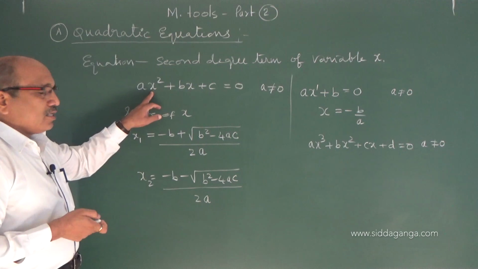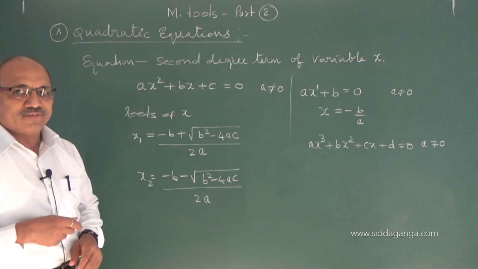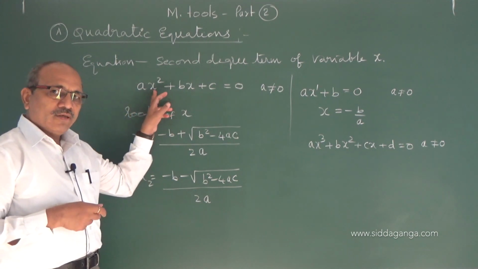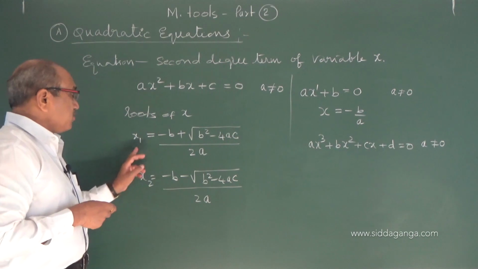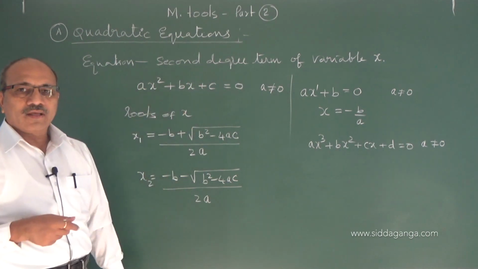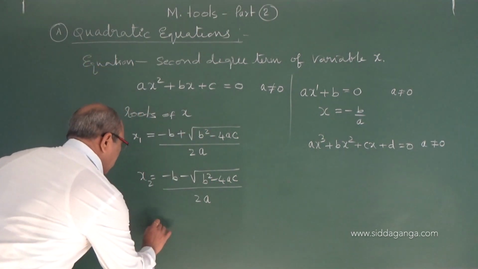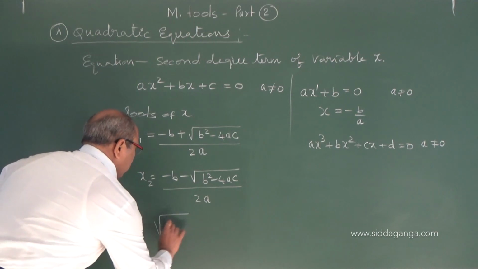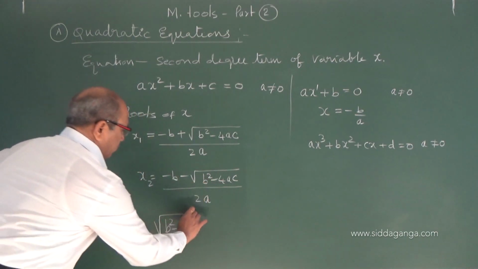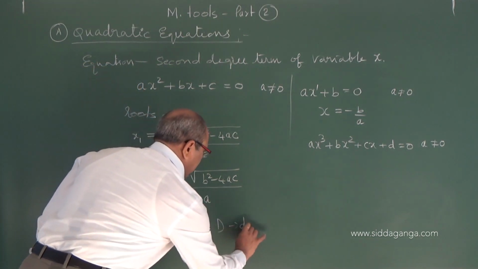These are the roots of the variable x, the possible values of x. In physics, if we have a quantity x that can be assigned 2 possible values as per the mathematical relation, the term b square minus 4ac is called the discriminant.